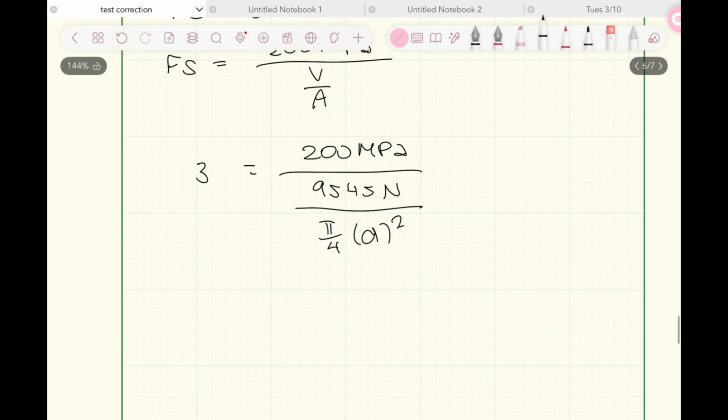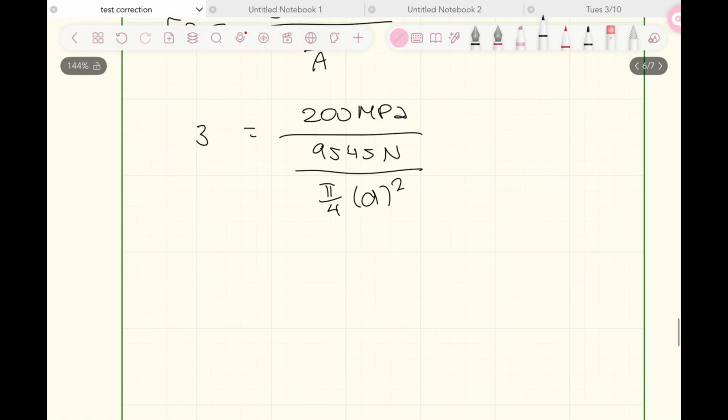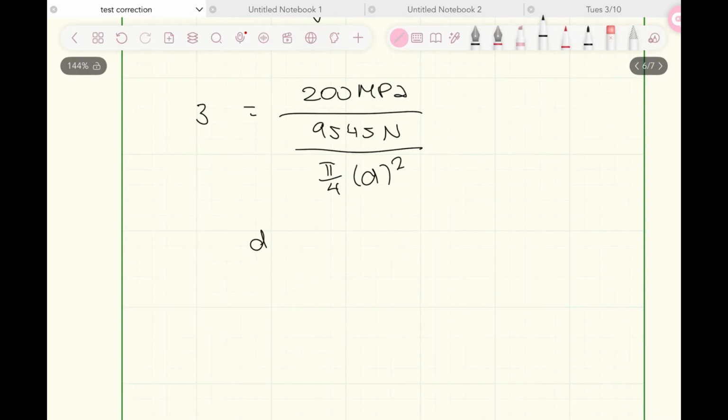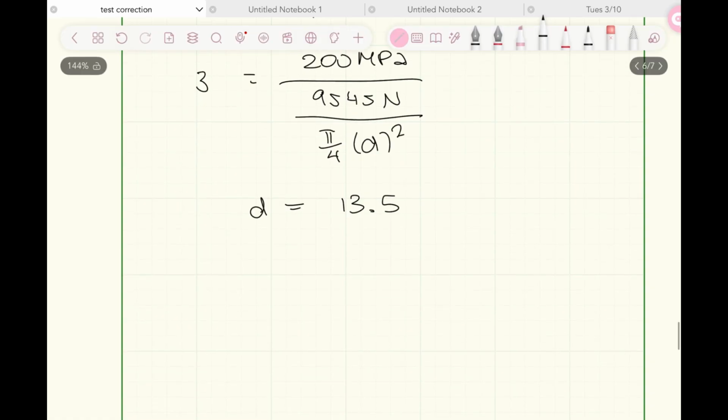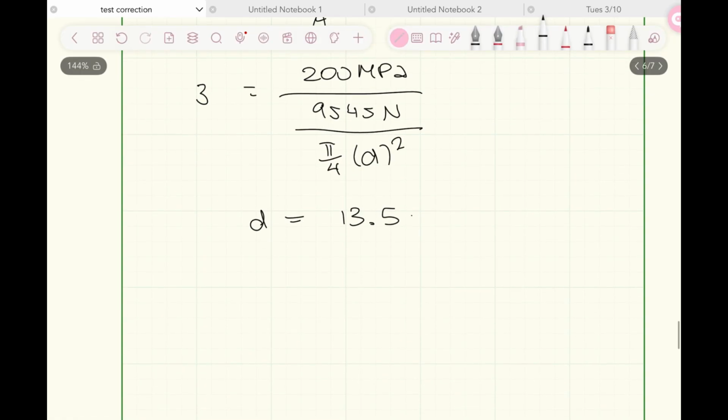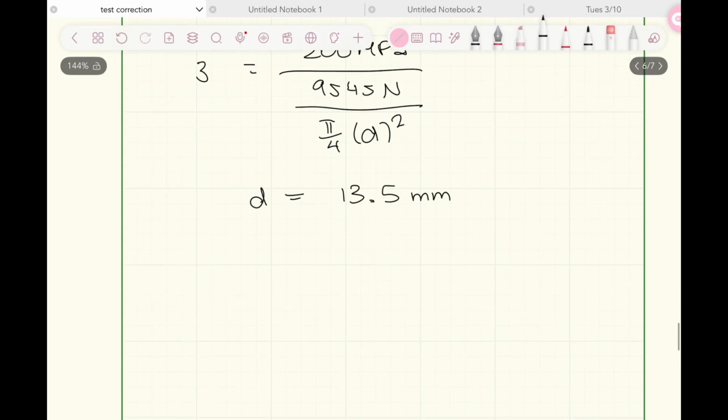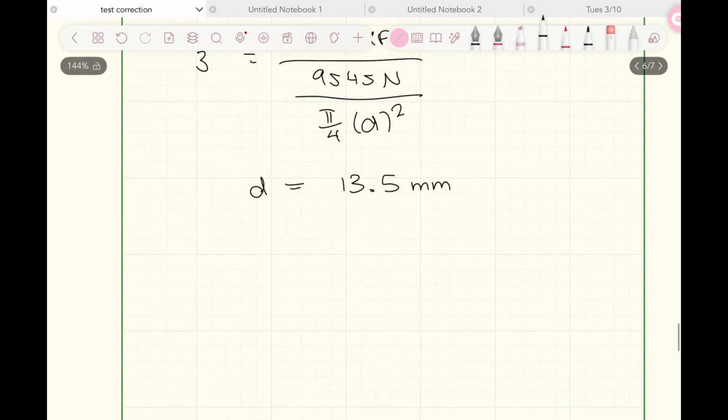So then we can just isolate D, and when we solve for D, we get D for diameter is equal to 13.5, and then newtons over millimeter squared is megapascals, so our diameter would be in terms of millimeters. But then it says to round to the nearest millimeter, so we can't round down.